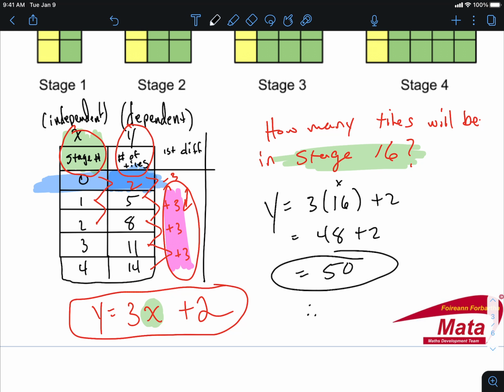Then you could say, therefore, you guys don't have to write all this. It's a lot. This would be what I would expect on a quiz. I would do this math piece and tell me that it's 50, but on a quiz or a test, I'd say, therefore, stage 16 will have 50 tiles. And you'd be done.